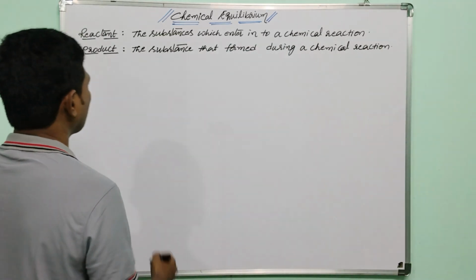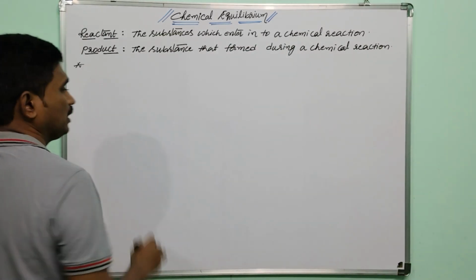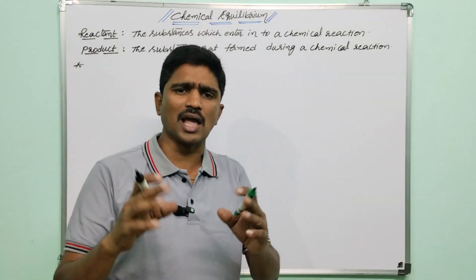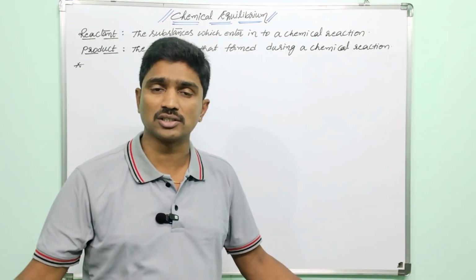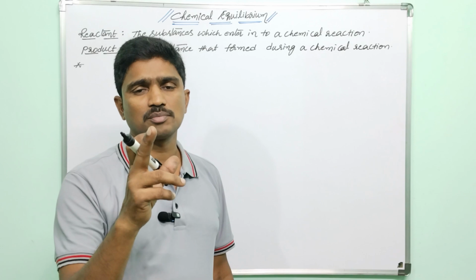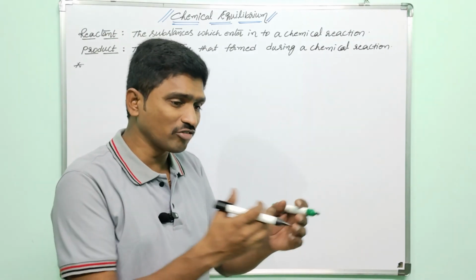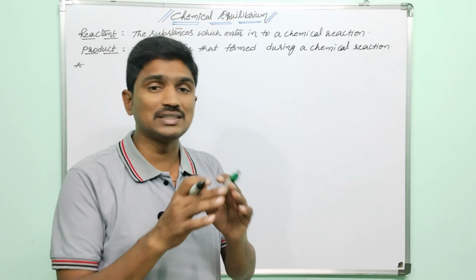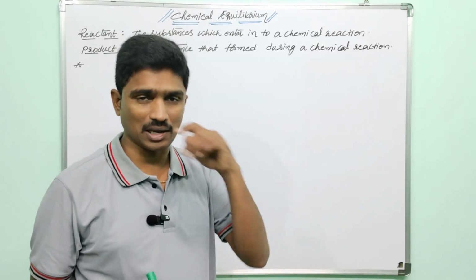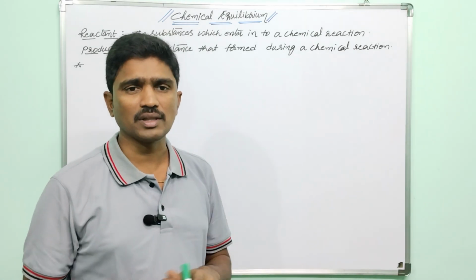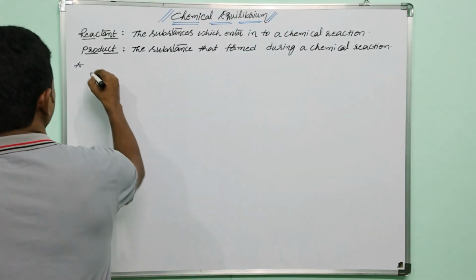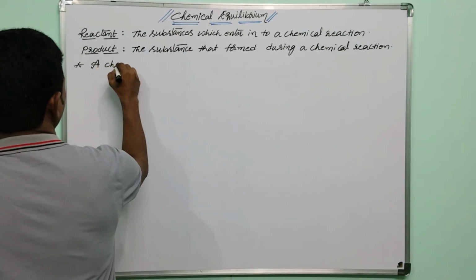Then what does a chemical reaction tell? A chemical reaction tells everything about a reaction except the time of completion. How much time it will take to complete is not explained by the chemical reaction. It tells everything except that.